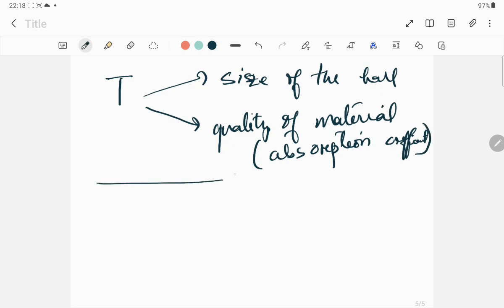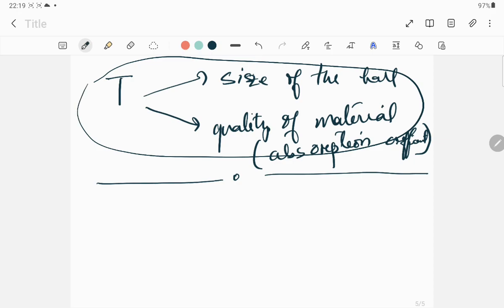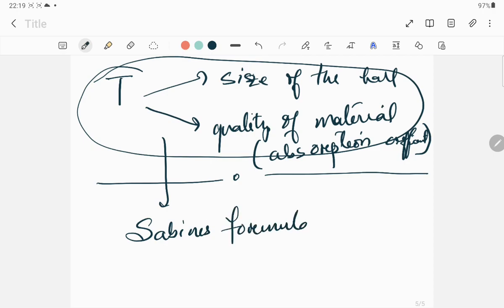Okay, so now we will try to connect these two things, and the formula that connects them is called Sabine's formula.